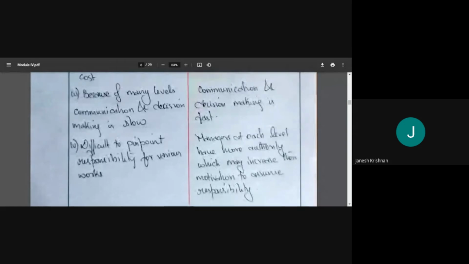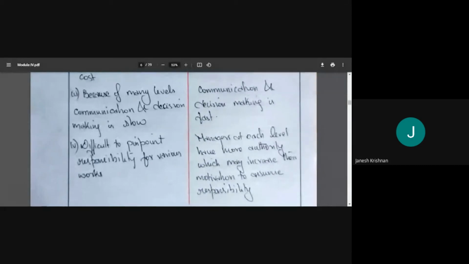Because there are too many levels, we cannot effectively pinpoint who is responsible. A person may say, I had informed the other person, but he might say, no, I wasn't informed, or else I have informed the third person. Like that, there is a difficulty in pinpointing responsibility.